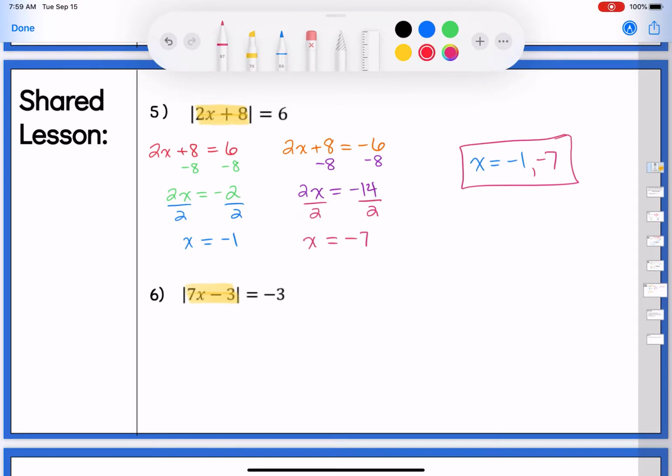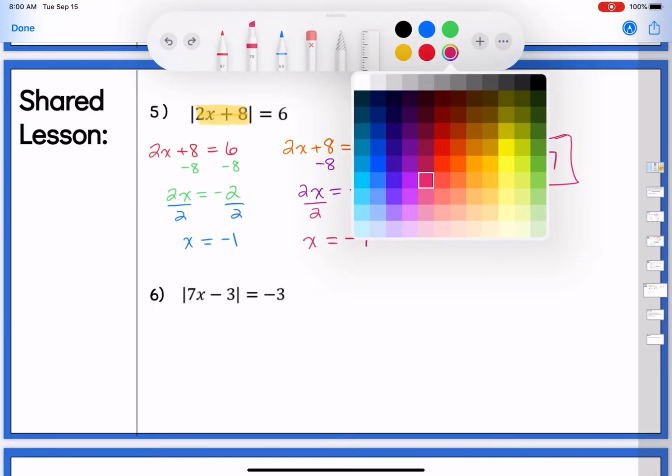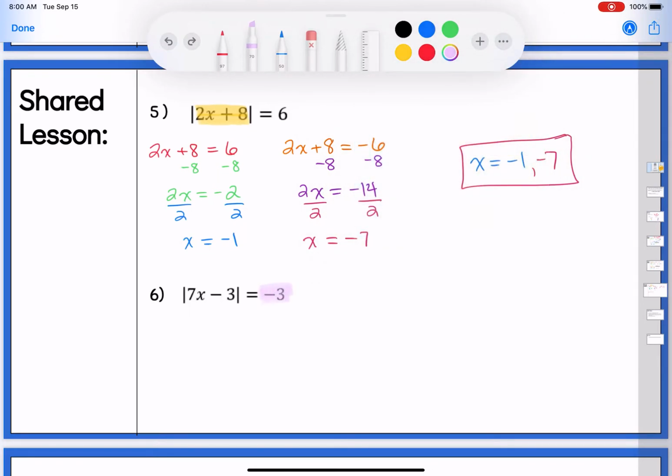Okay, so here now again, I'm going to split it into two. I have to be negative 3 units away from 0? Wait a minute. Hopefully that one jumped out at you right away. So, this doesn't quite work. I can't be negative 3 units away from 0.